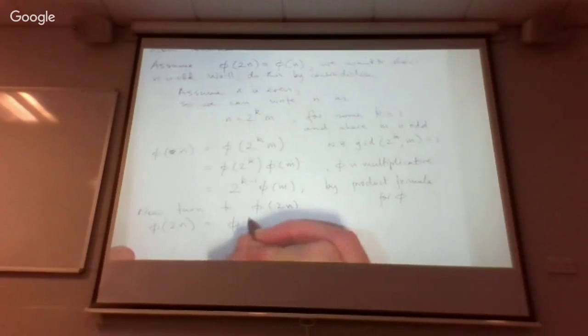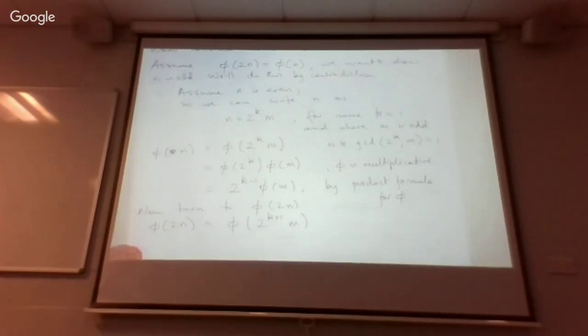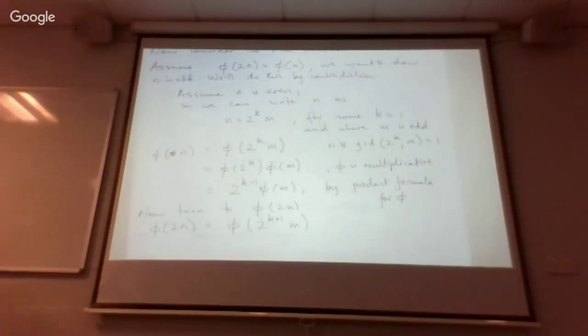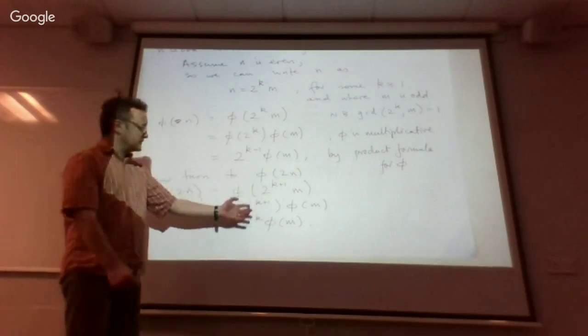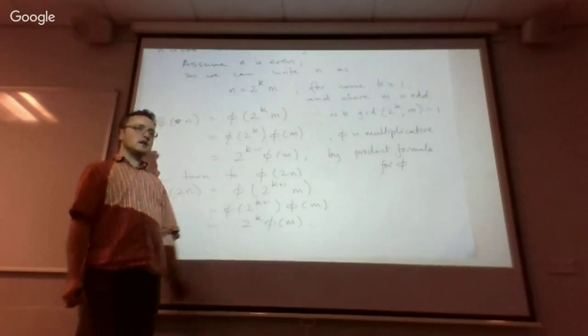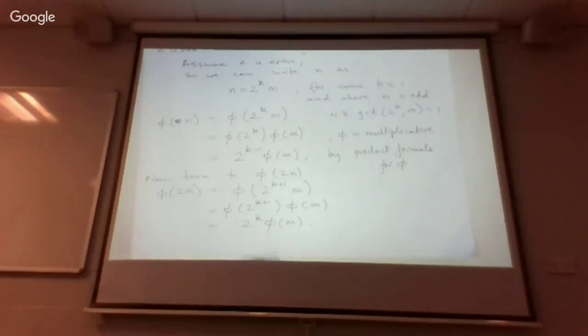This will be phi of 2 to the power k plus 1 times m. As before, we can split that up, because phi is multiplicative and m is odd. And this reduces now to 2 to the k times phi of m. Okay? Using the product formula for phi of this power of 2 to the power k plus 1, the rule is you just reduce the power by 1 to get 2 to the power k.